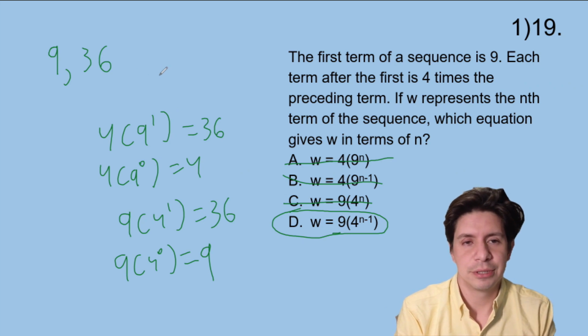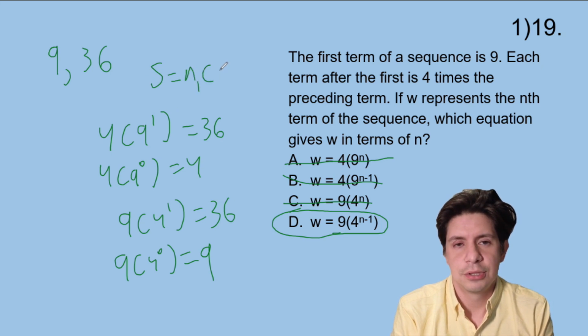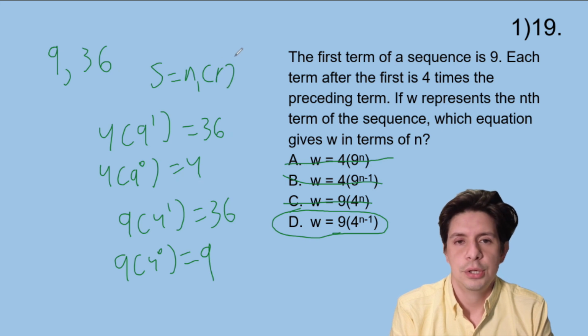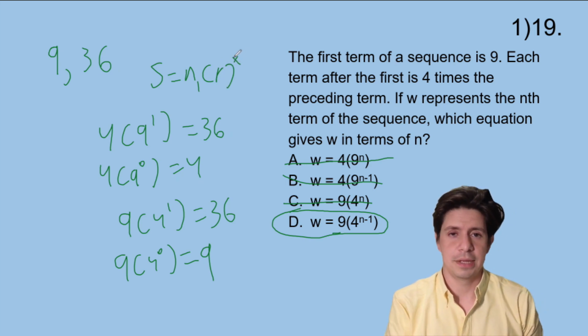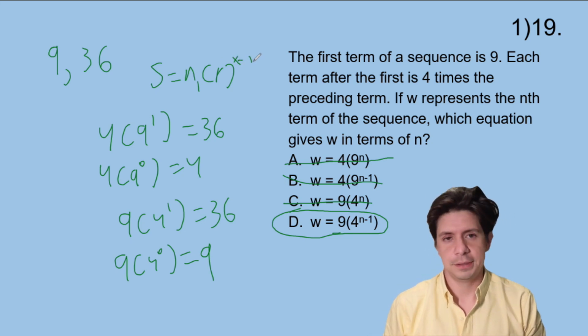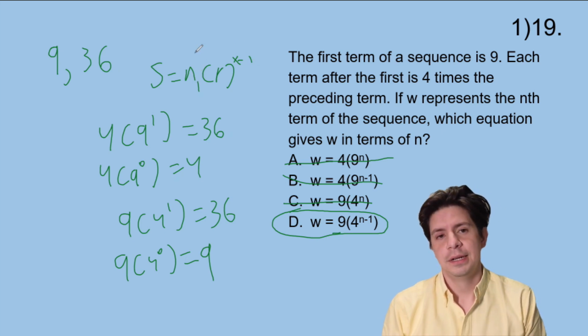Normally, the way we write geometric sequences is something like S equals the first term times the ratio R to the x minus 1, because we want to subtract away the first term to account for the fact that we have it right here.